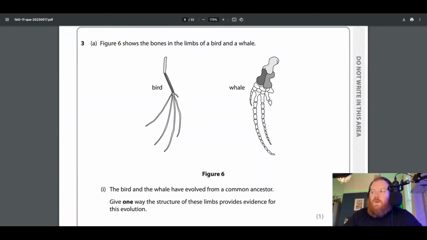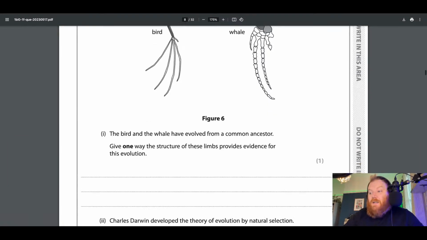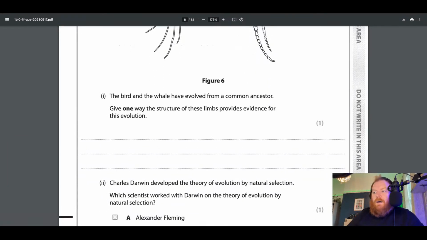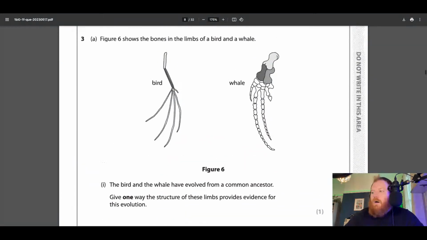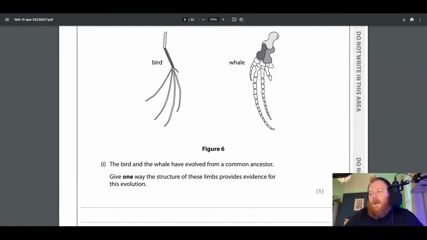So the next question is a discussion. For 1 mark, give one way the structure of the limb of a whale provides evidence for evolution. So we've got in our image, for those of you that can't see, an image of a bird's wing and the image of a whale's arm or fin, if you will.